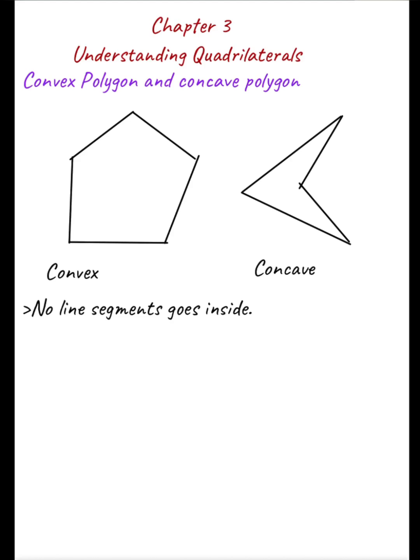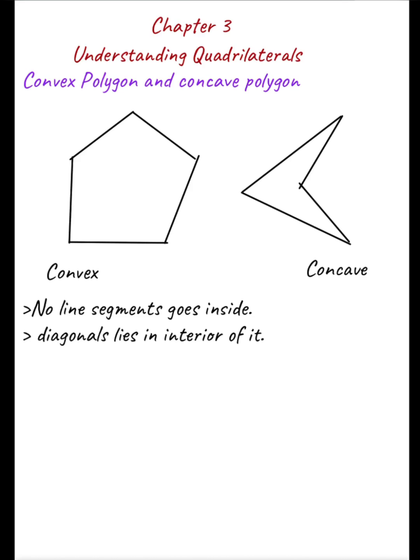So let's write it. The second property is that diagonals lie in the interior of it. But in the case of a concave polygon, some of the diagonals may lie exterior also. You need to study only these two properties; these two are the main properties for concave and convex polygons.